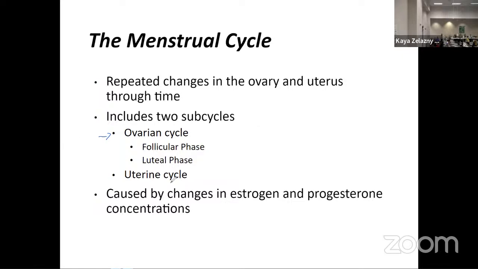And then next week, we'll be pairing that up with what's going on in the uterus, so the uterine cycle, to fully understand the menstrual cycle before we then move forward and think about fertilization, pregnancy, and some more of the hormone stuff going on. Overall, the events in all parts of this are going to be caused by and then influencing changes in estrogen and progesterone concentrations. So hormones are really strongly involved here.